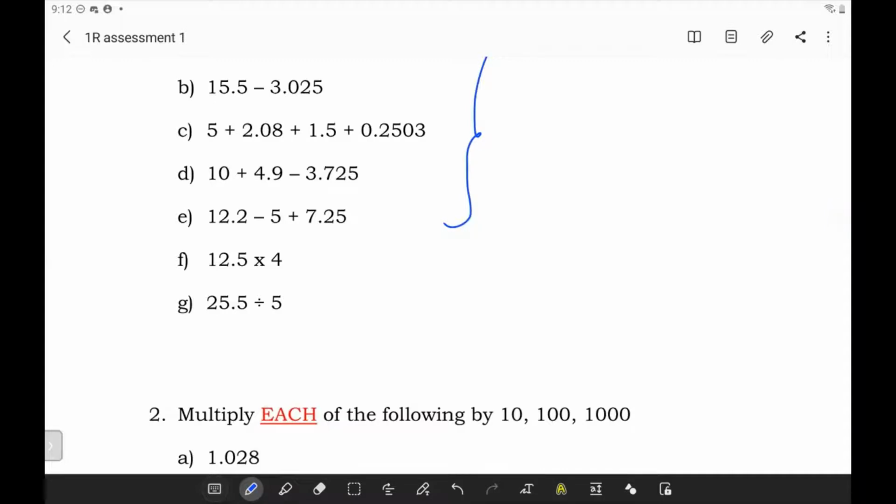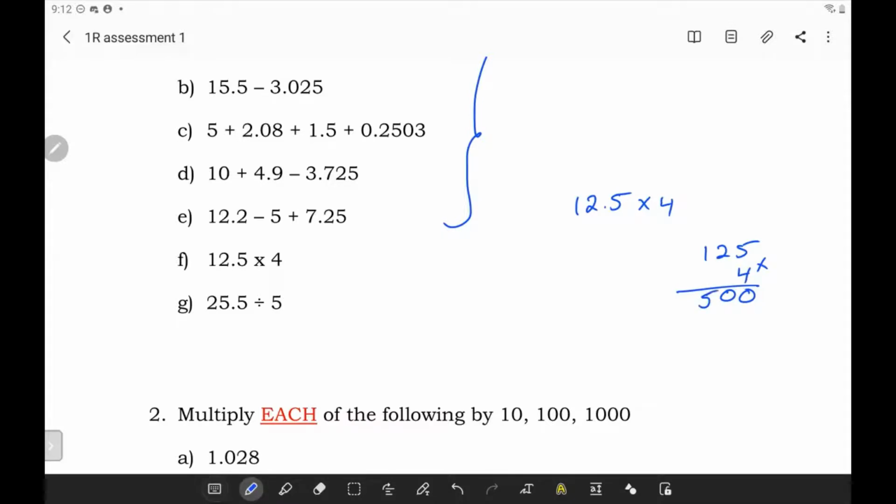So we have 12.5 multiplied by 4. So remember, we ignore the decimal. So 12.5 multiplied by 4, right, we can just say that is 125 multiplied by 4. 4 5s are 20, 4 2s are 8, and 2 is 10. 4 1s are 4, and 1 is 5.